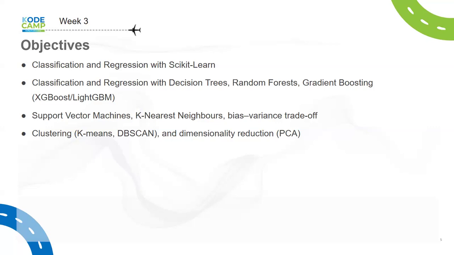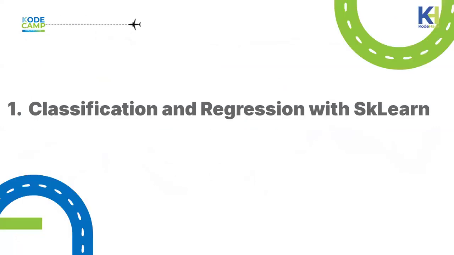Then we'll talk about support vector machines, k-nearest neighbors, and all of that. Then we'll look into clustering and dimensionality reduction. This is a whole lot. We're not going to dive deep into it much, but we'll just go through so that we understand. So let's start with basics.